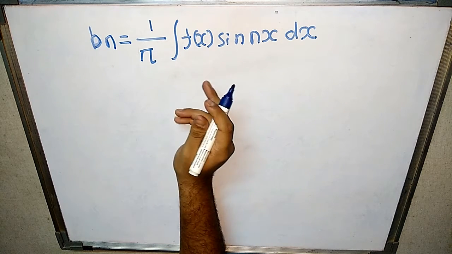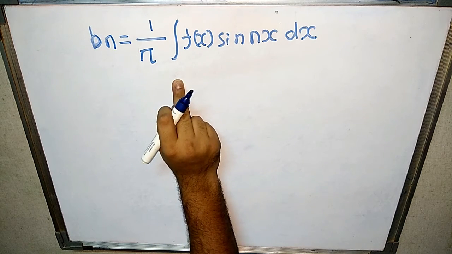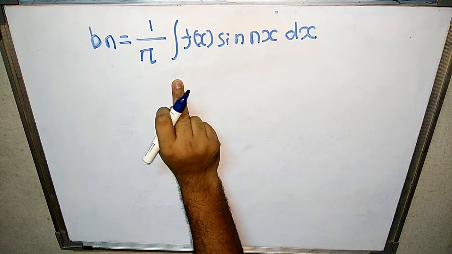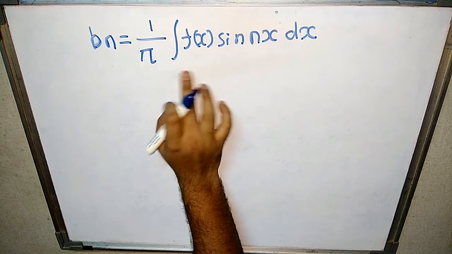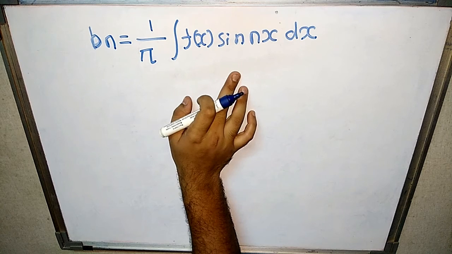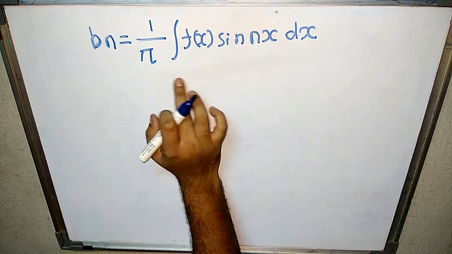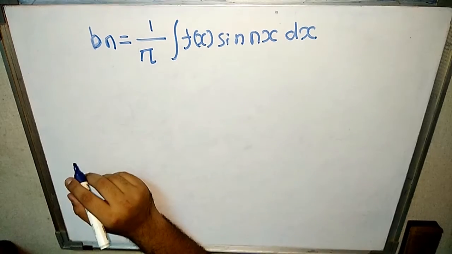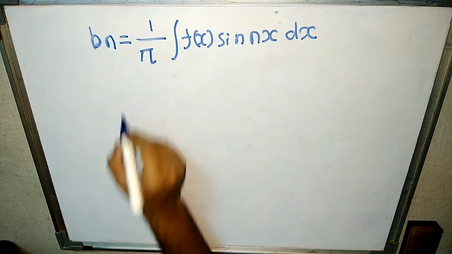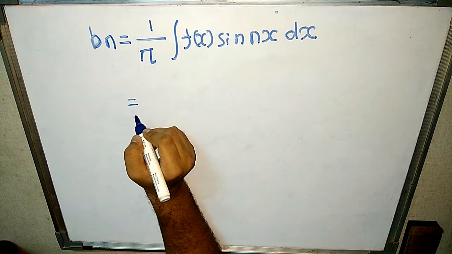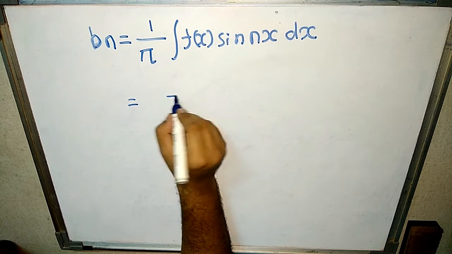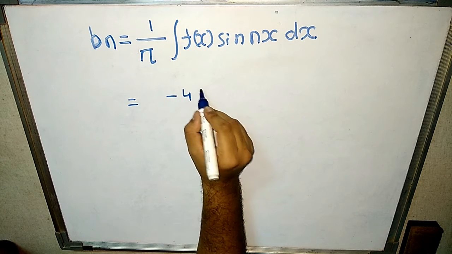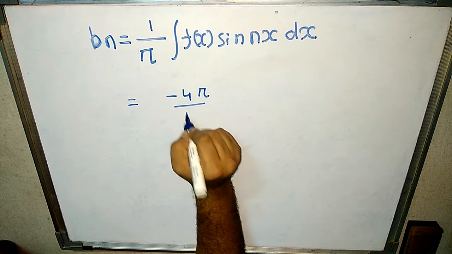Even in this, the steps are exactly the same as we used for finding an, and the type of integration is also the same, that is u and v. So we can solve it further. By solving this by the same steps, we get the answer for Bn as minus 4 pi by n.